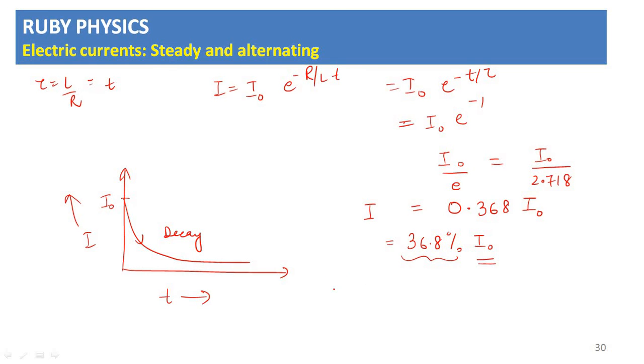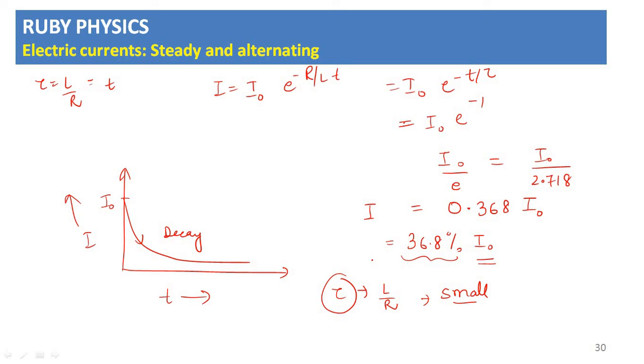So what is the physical significance of this tau, or the time constant, which I have been writing as L by R? It means that if the time constant value is small, then the growth and the decay will be more rapid.